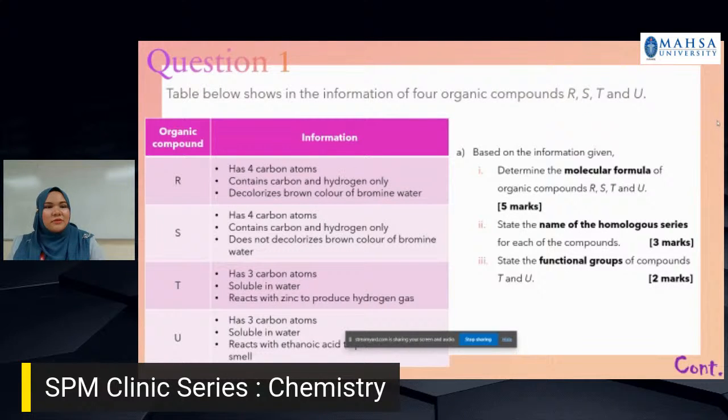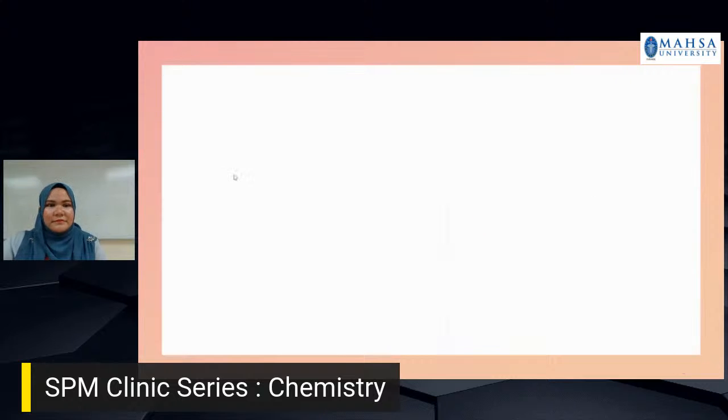Okay, so according to this question, this is the information that we can get from it. You need to determine the molecular formula for compounds R, S, T, and U according to the information given here. Second, you need to state the functional group as well as the homologous series.